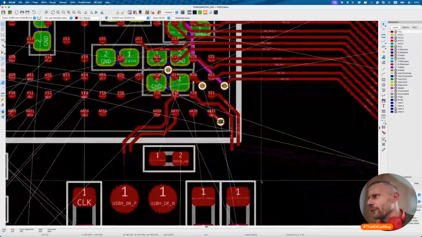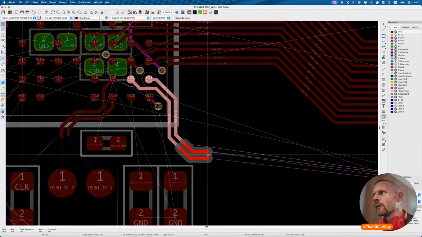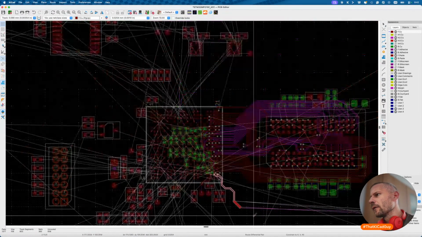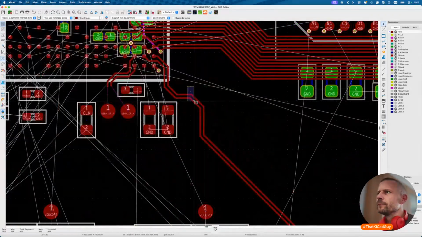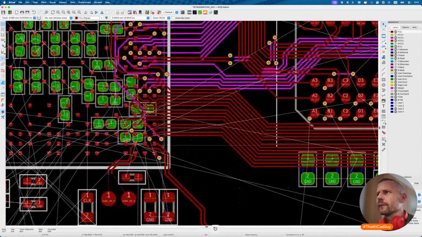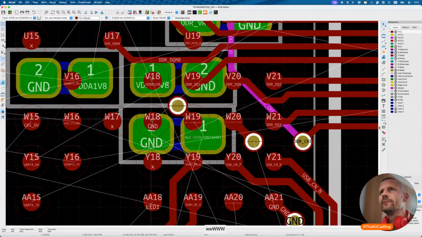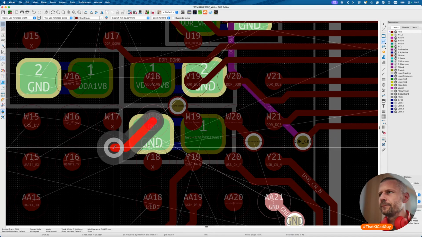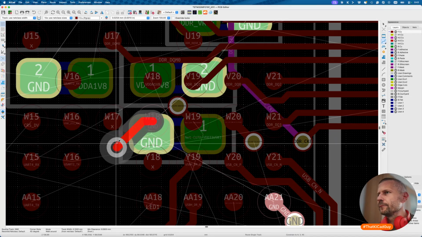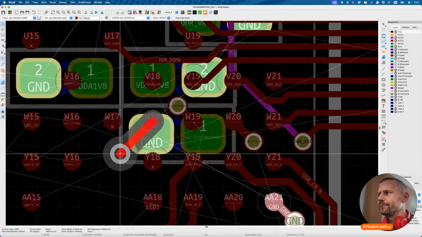Okay, fanning out of these lines. Yeah, something like this. It's not optimal, but I hate it.